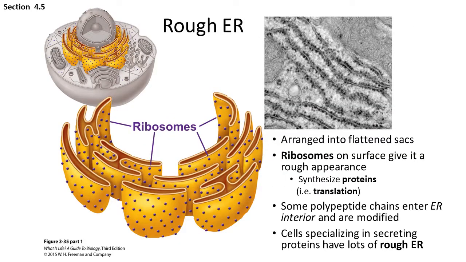The rough endoplasmic reticulum is arranged into flattened sacs and has ribosomes that riddle the surface of it, giving it this rough appearance. Remember, these are ribosomes that are functioning in synthesizing proteins that will then enter into the rough endoplasmic reticulum.